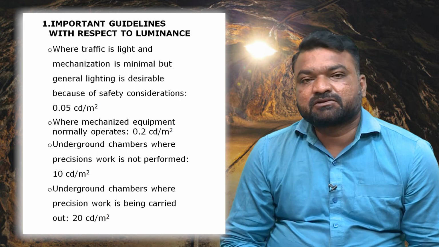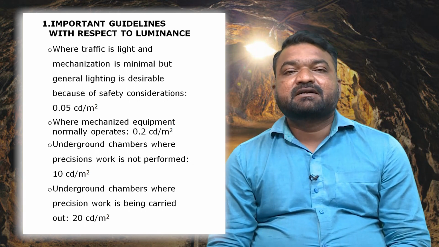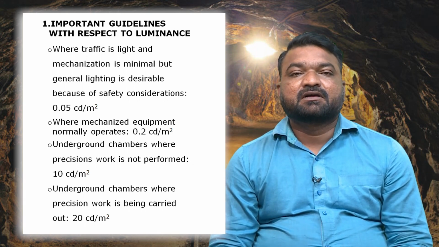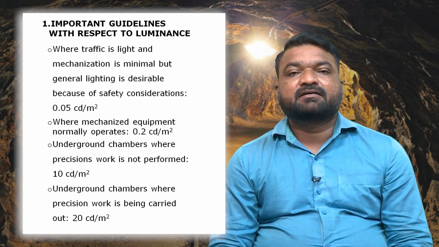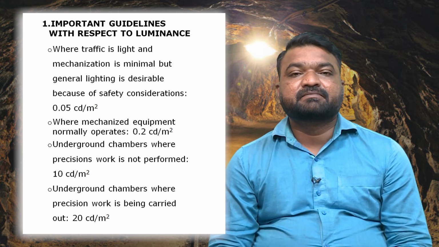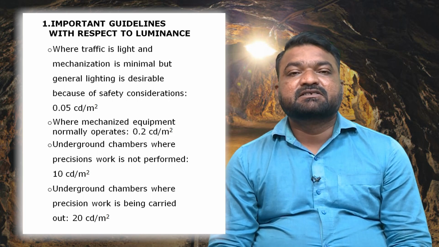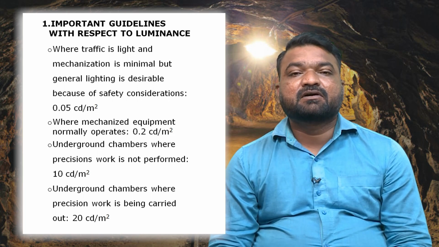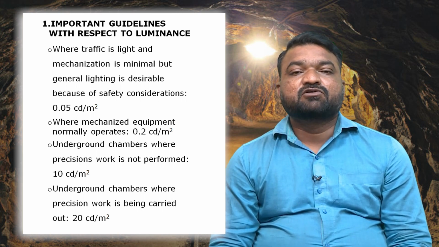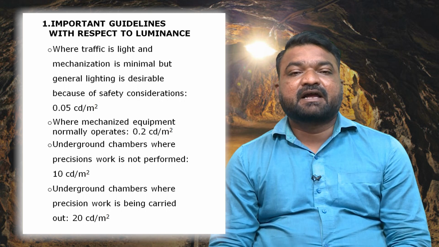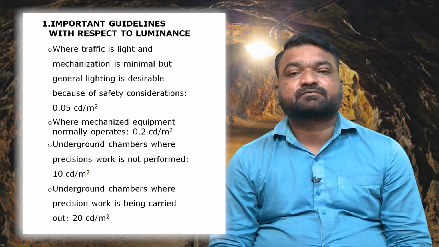The next topic is important guidelines with respect to luminance. Where traffic is light and mechanization is minimum, but general lighting is desirable because of safety consideration, it is 0.05 candela per meter square.